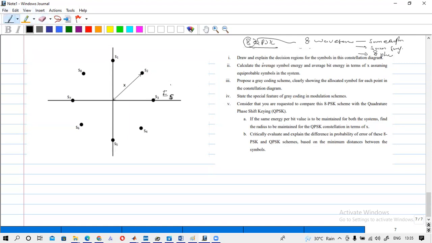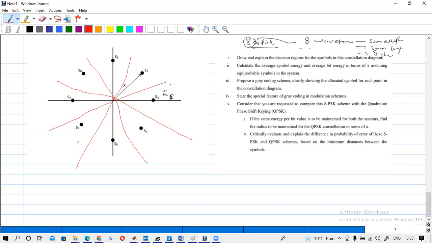Now we are asked to draw and explain the decision region. Very easy. You can draw the decision region like this. So this will be one region.